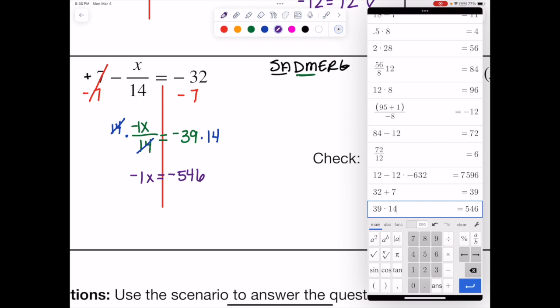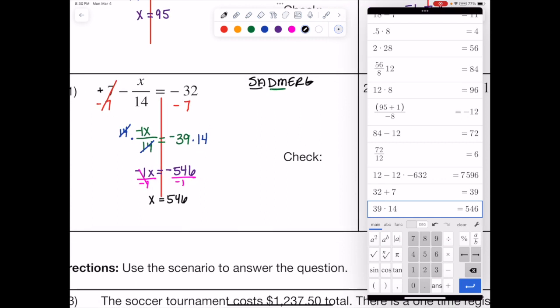So negative x equals negative 546, which is the same thing as saying positive x equals positive 546. Or you can look at it as dividing by negative 1 on both sides, and we still end up with x equals 546. Let's go ahead and check it out, and this has to equal negative 32.